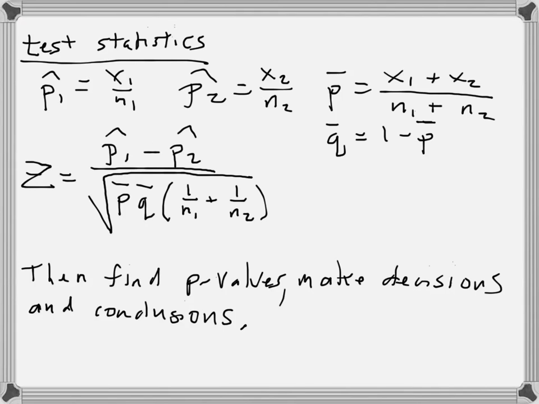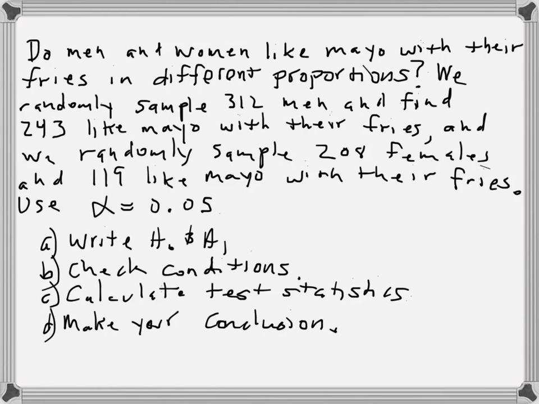So let's put it all together. Sound like a plan? Make a good example out of this. Do men and women like mayonnaise with their fries in different proportions? I'd hope not. We randomly sampled 312 men and find that 243 like mayo with their fries.